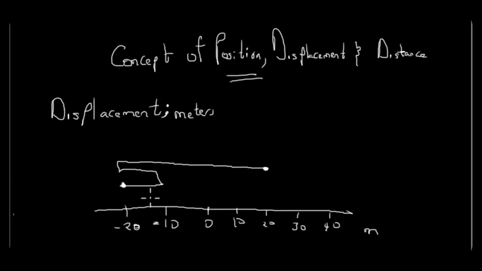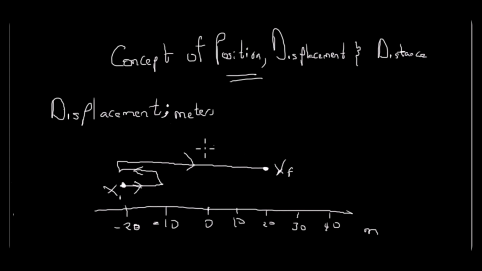If I were to calculate for displacement, I'm only concerned about 2 positions. My initial point here, so my arrow, and my final point at this particular junction.